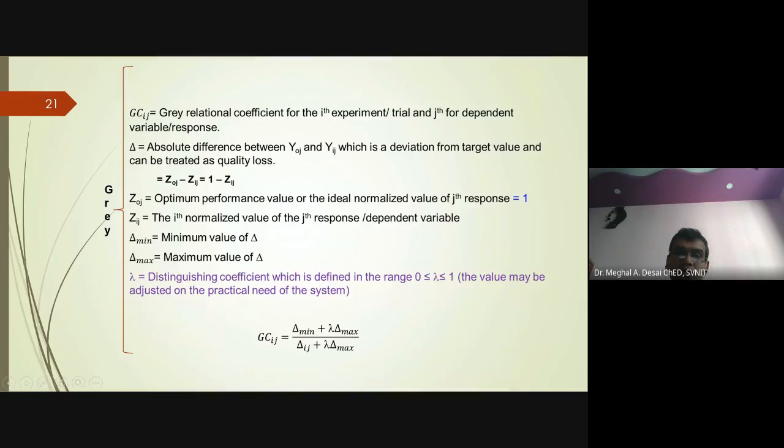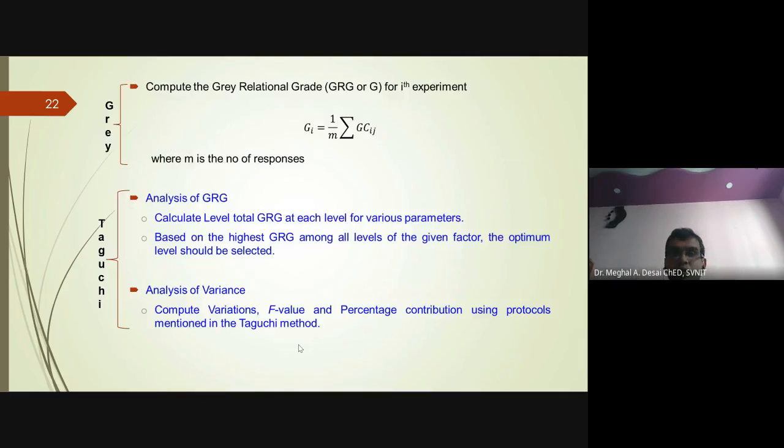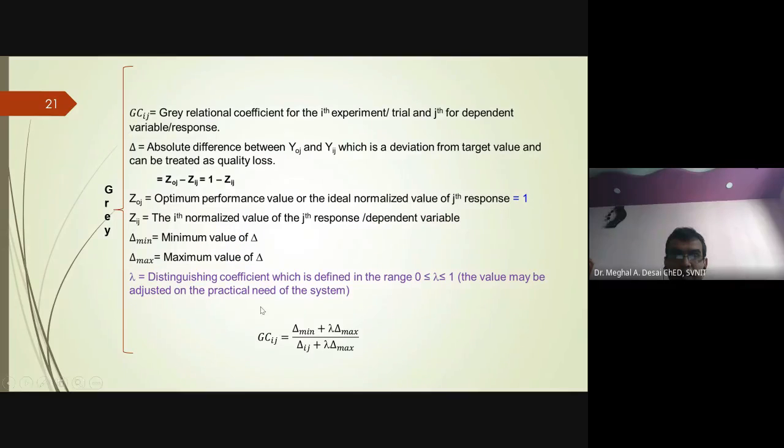Then my GC value is changed. That means for the same set of conditions, I am getting different outcome. I am getting different answers. That is what the meaning of gray theory was, that initially what we said here, it will give you multiple answers.